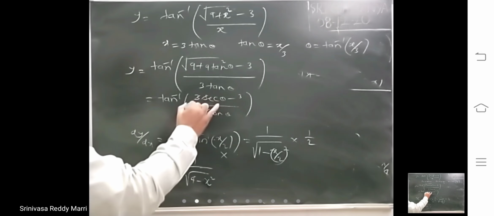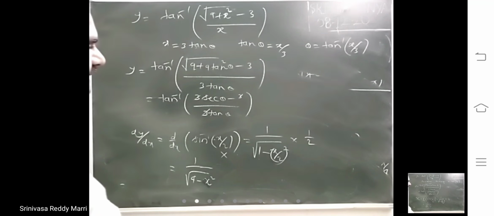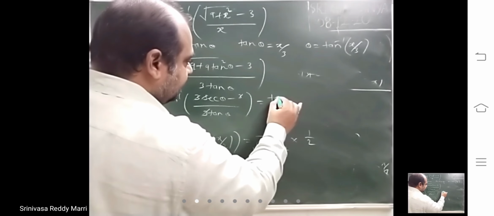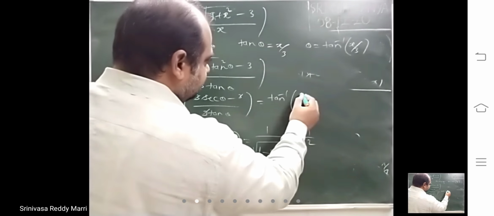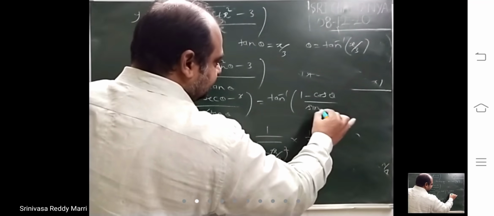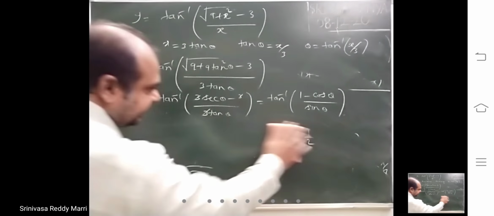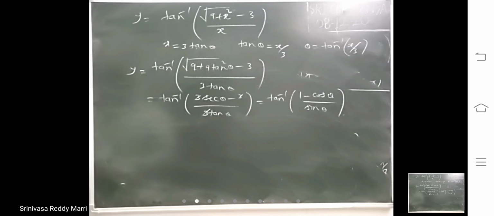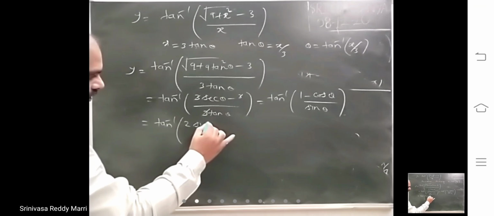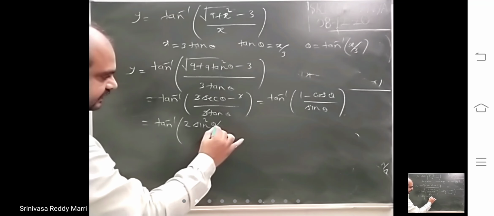The 3s cancel, and then secant theta you write as 1 by cos theta. Taking the LCM and dividing by sin theta by cos theta, you will get tan inverse of 1 minus cos theta divided by sin theta. Simplify that: the 1 minus cos theta formula you know, it is 2 sin square theta by 2.